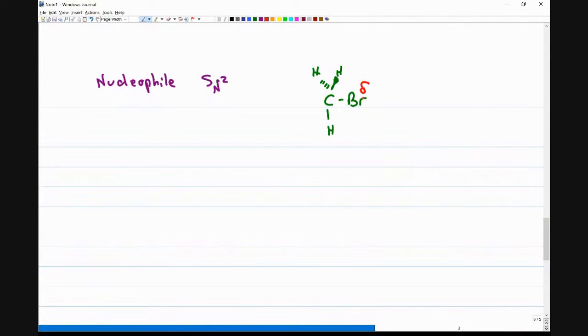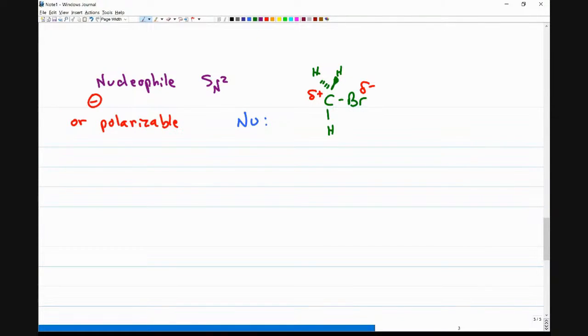We talked about how bromine is partially negative and carbon is partially positive. What attracts the nucleophile to this carbon is the fact that it has a lone pair that is either partially charged or fully charged. Now, because the molecule is doing a direct attack, you'll typically see a negative charge, or you'll see a molecule that is polarizable.